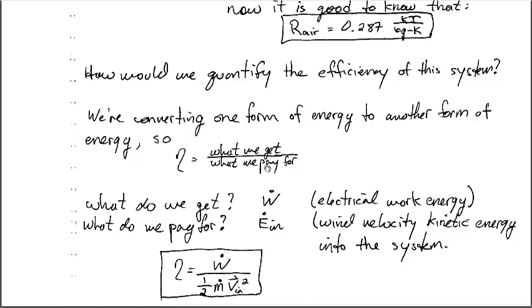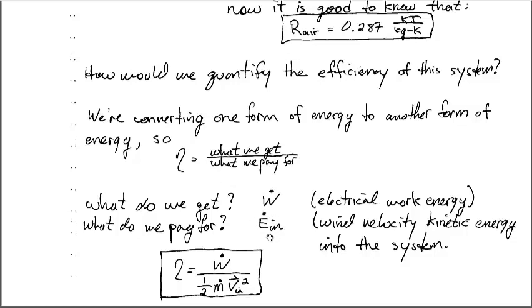Even if we don't pay someone for it, even if there's not a transfer of money to get that energy, we're still getting the energy from something, and therefore, in quotes, we're paying for it in some way. Well, what we're paying for in the case of a windmill is in fact the kinetic energy of the wind entering our control system.